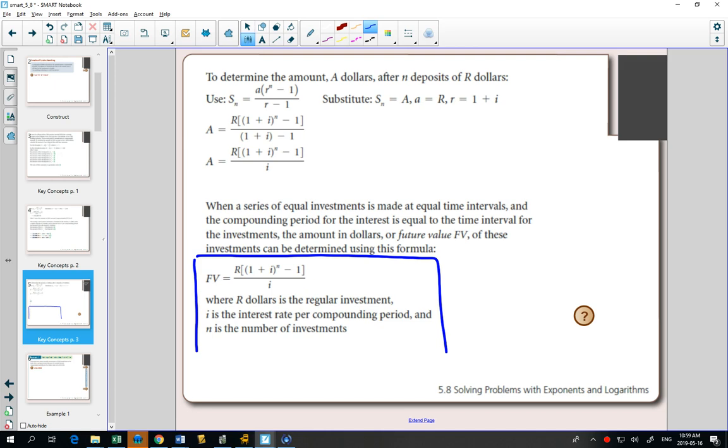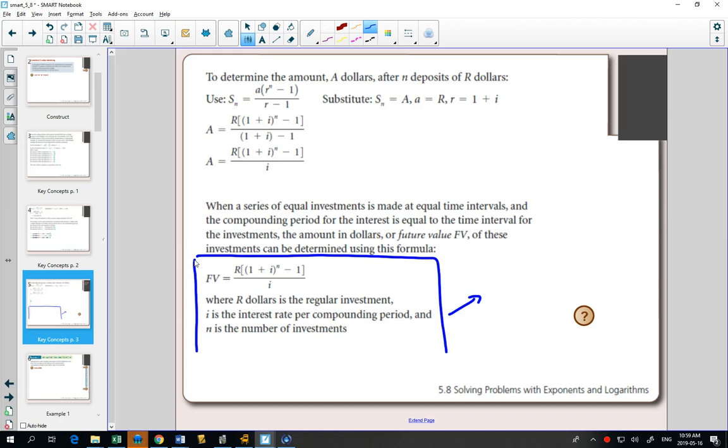Now, R is the amount of the regular investment. I, in this formula, is the interest rate per compounding period. It's a little bit complicated, this formula, because it's the interest rate per compounding period.